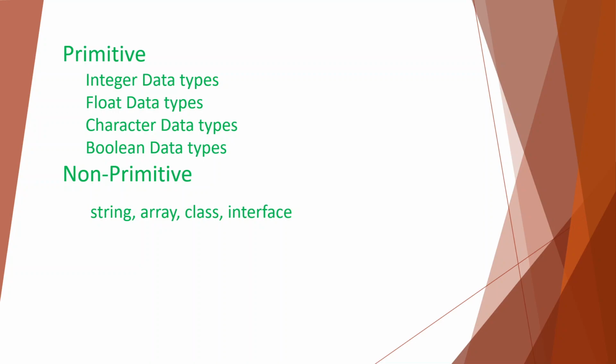We cannot call any methods on these primitive data types. Say for example, we have seen the class in our earlier videos. Class is one of the non-primitive data types. In that video we have seen how to declare a class, how to declare the methods, and that a class contains a group of properties and methods.